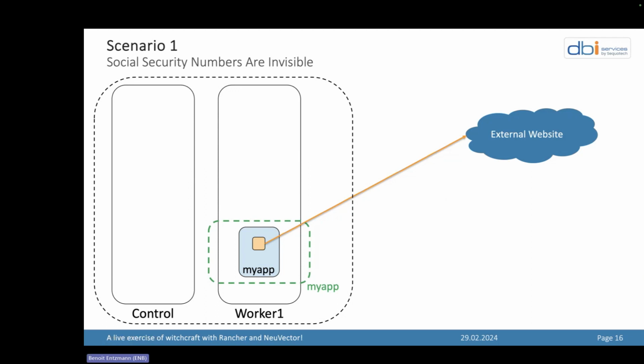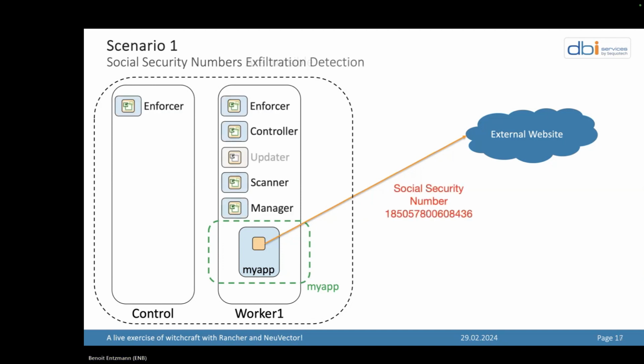So if you don't have any tool like NeuVector, there is no way you can see that from the traditional tools of Kubernetes. You need something that can inspect the data inside the packet and can see that happening in your cluster.